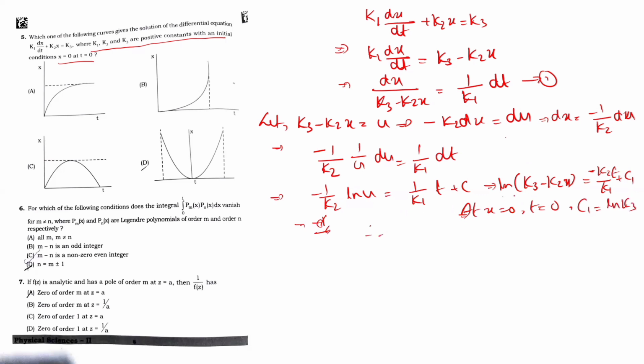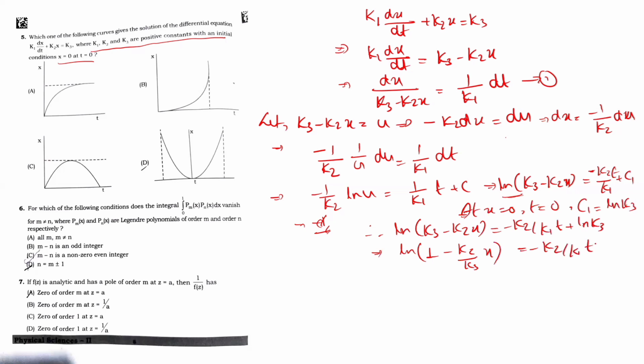Therefore, this equation can be written as ln of K3 minus K2 x is equal to minus K2 by K1 t plus ln K3. Now bring this ln K3 to the left hand side and you will have ln of K3 cancels, 1 minus K2 by K3 x, and it is equal to minus K2 by K1 t.